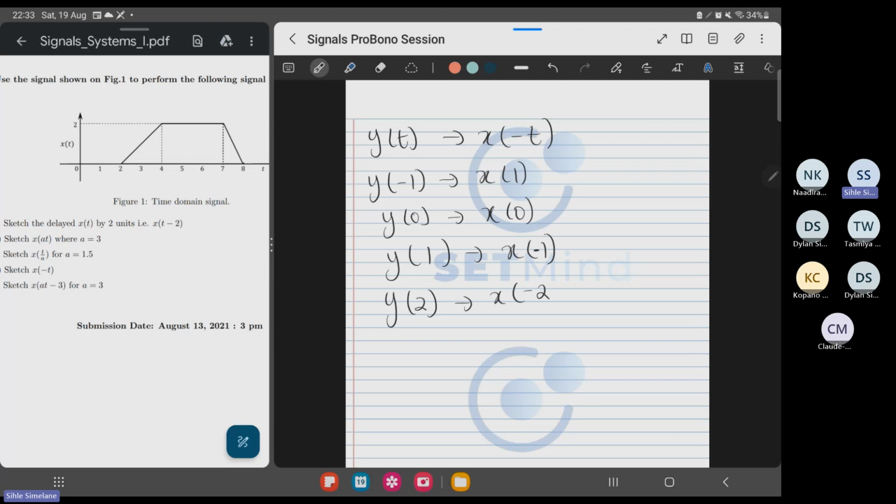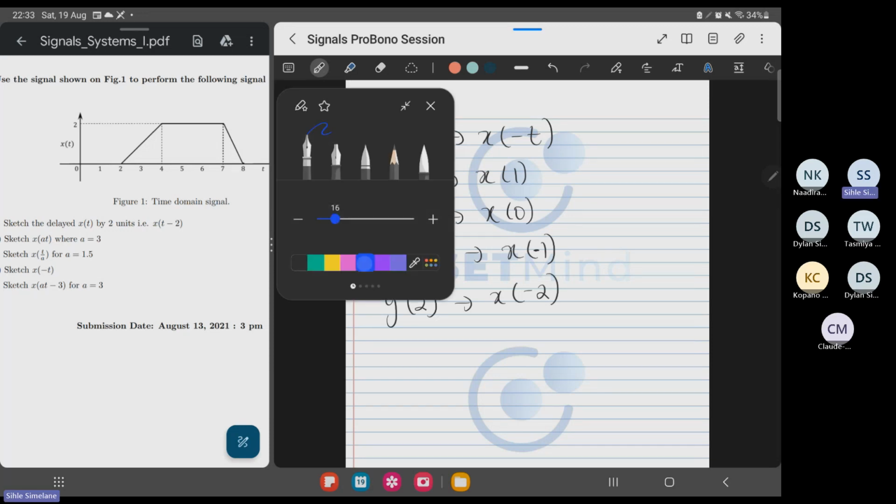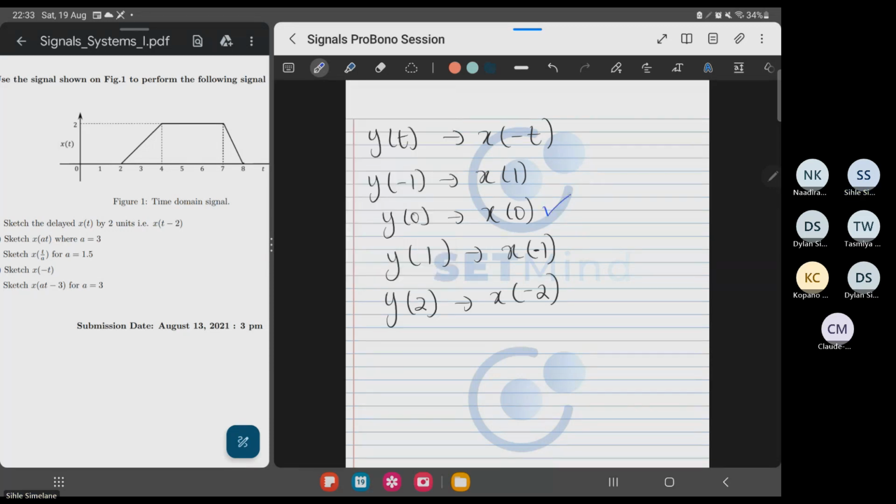So let's quickly look at what is going on. Our output at 2 is dependent on our input at -2. So if you look carefully here, the current output is dependent on a future input. I see what you are saying now. If you look at y here, the current y is dependent on a future x.